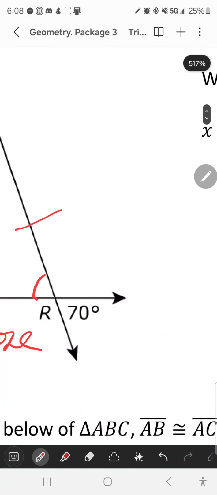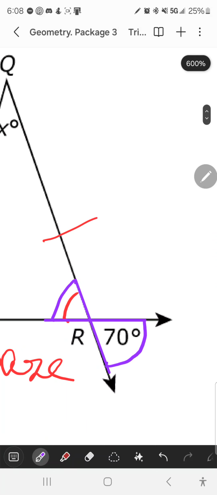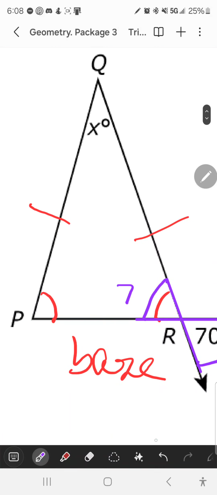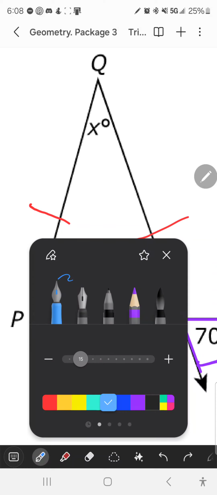Perfect. The other thing I see is that I have a vertical angle here. You know, the X, as I have said before. So if I see this X right here, I know that these two angles are vertical angles, and since they are vertical angles, they are equal as well.